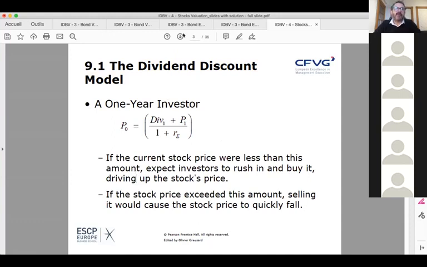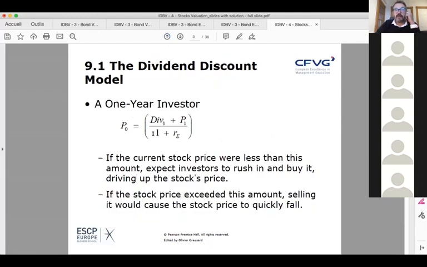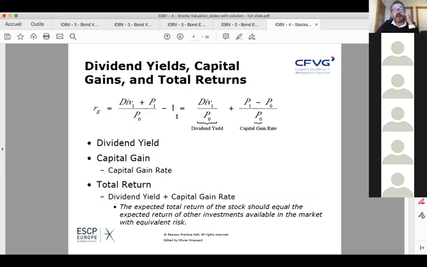So if we redistribute this 1 plus RE, we put it here. Instead of P0 and P0, we put it here. We can see that we reach dividend 1 plus P1 divided by P0, minus P0 divided by P0, so that RE.